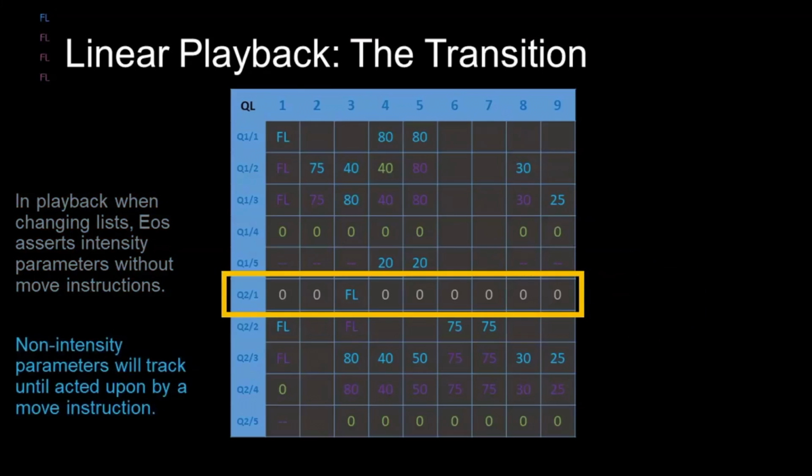And what is the rule, right? The rule for move fade is that parameters won't change unless acted upon by another move instruction, right?